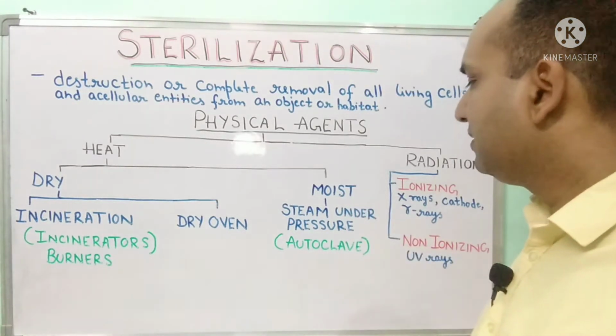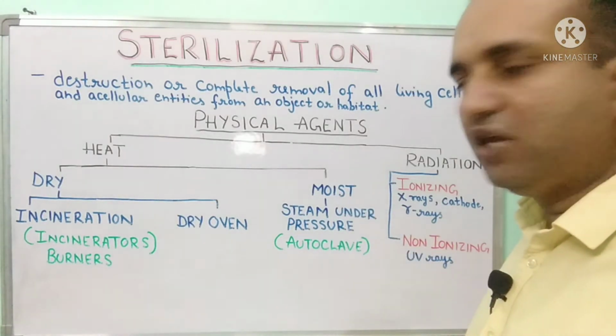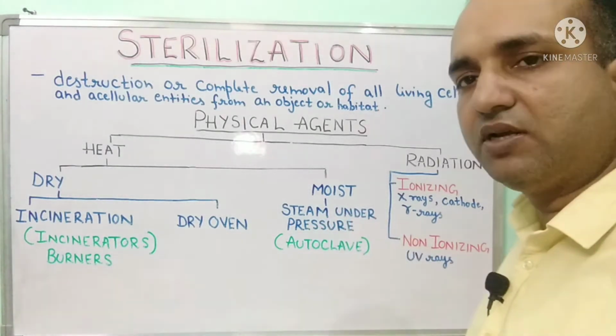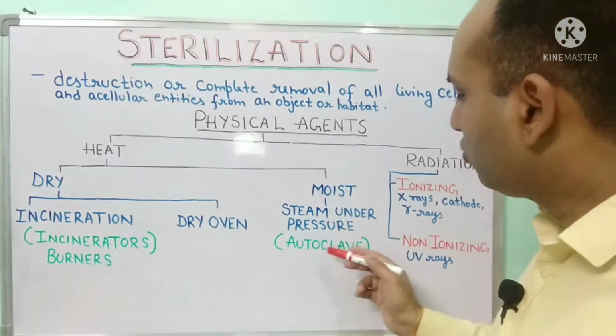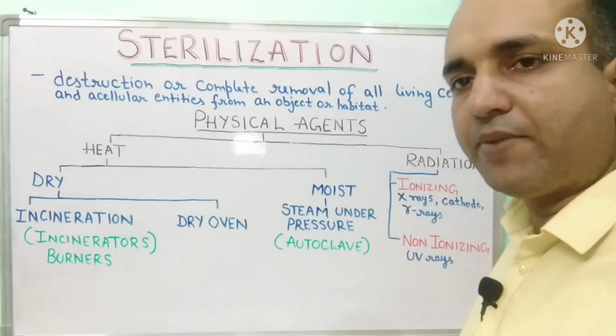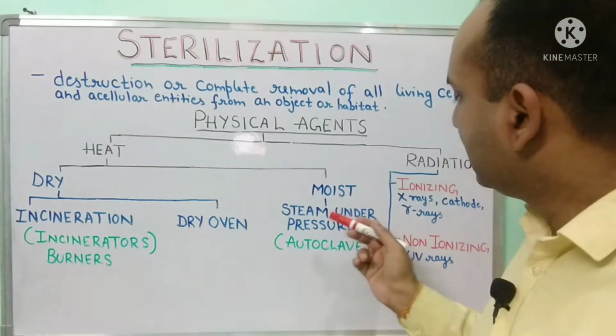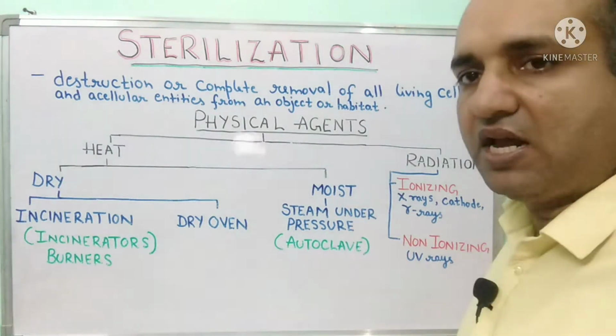The other method is moist heat sterilization, in which steam under pressure is used. Autoclaves are the most commonly used apparatus for moist heat sterilization.